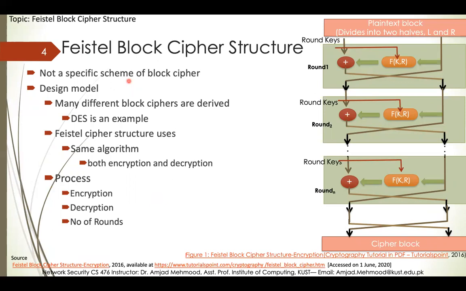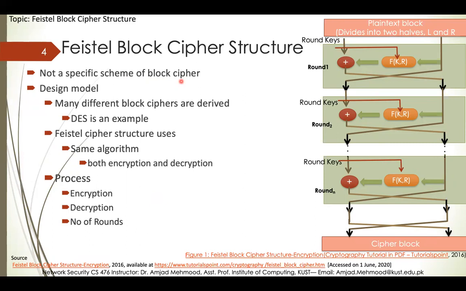As you know, normally there are two types of conversions: a stream cipher and a block cipher. In a stream cipher, you take one character and convert it, whereas in a block cipher we take more than one character and convert them into ciphertext.